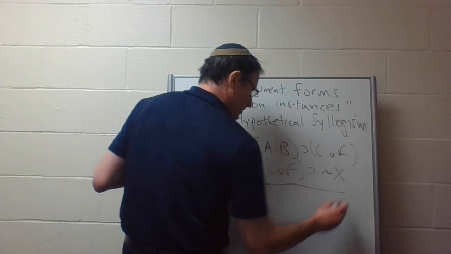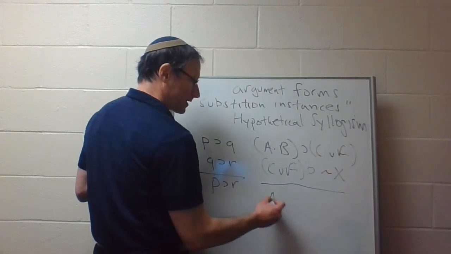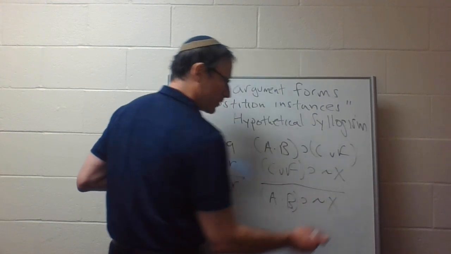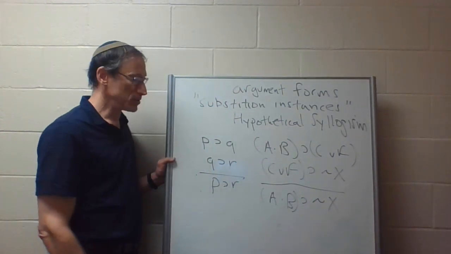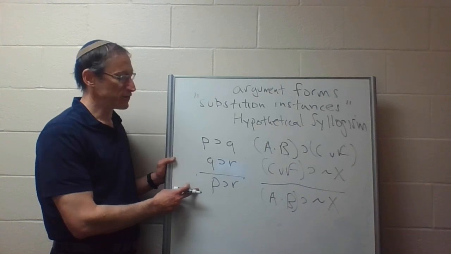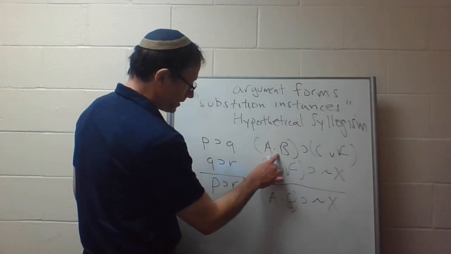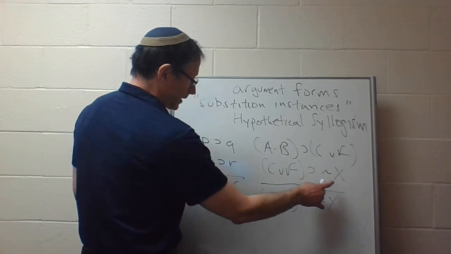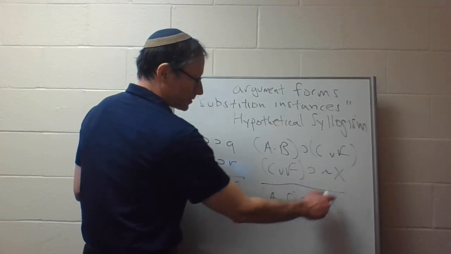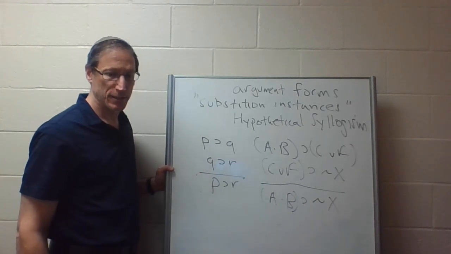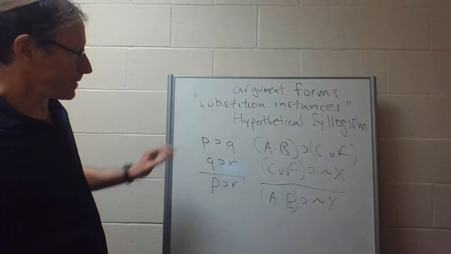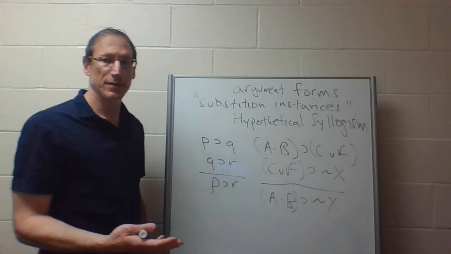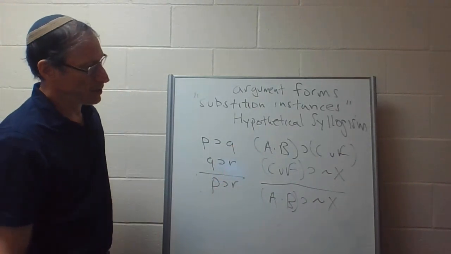So now I could say that A dot B horseshoe not X would be a good substitution instance of this form. I'm letting A and B stand for the P, C wedge F stands for the Q, and R is getting substituted by not X. Again, the order doesn't matter, right? If I flip the order of these two, it still would count as hypothetical syllogism, right?